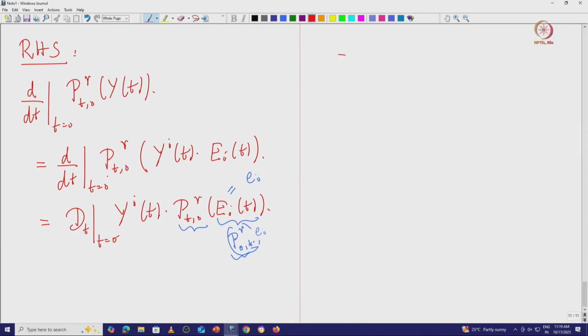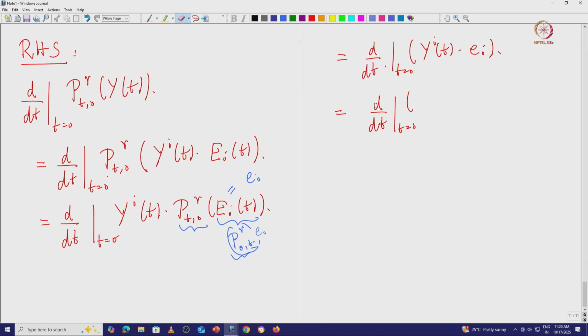So in all, we have that this is d by dt at t equals 0 of this. Sorry, this should be the derivative. Okay, so this is the derivative at t equals 0 of y_i at 0.